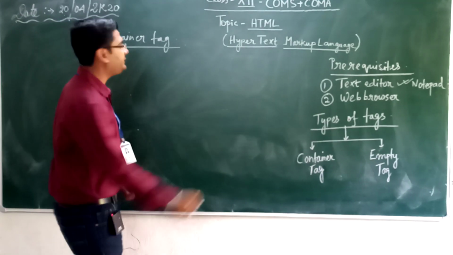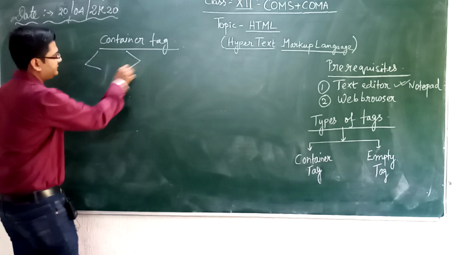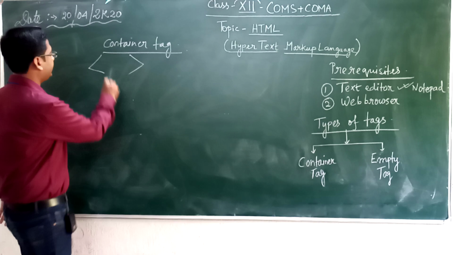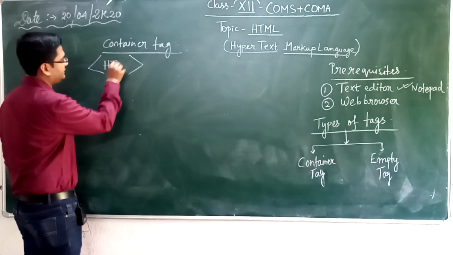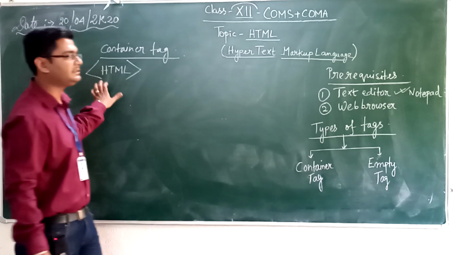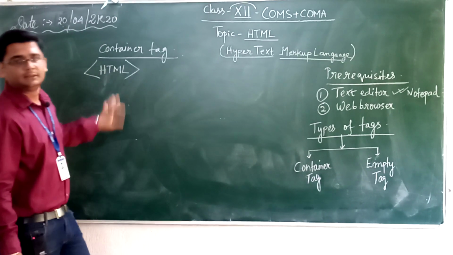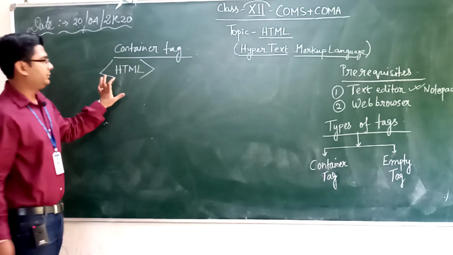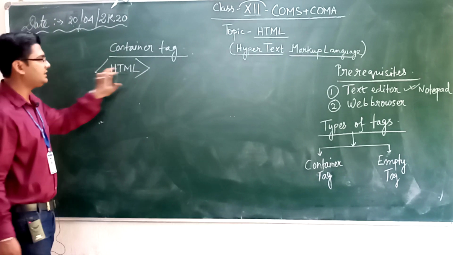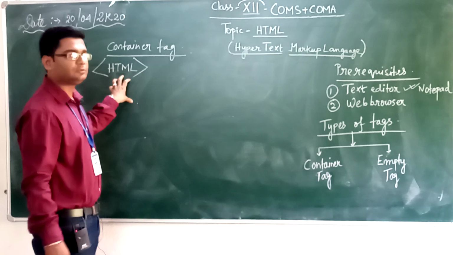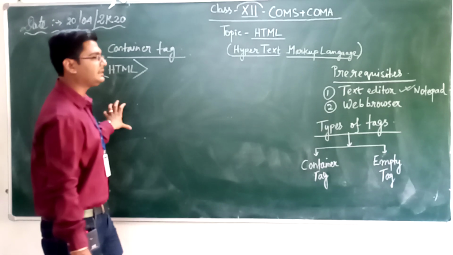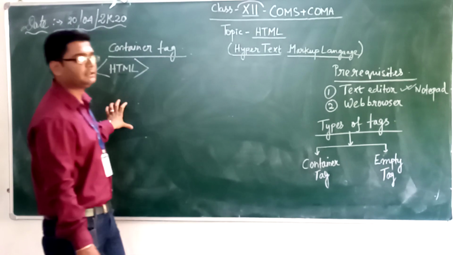First of all, tags are written within angular brackets, the less than and greater than signs. Suppose we are writing a tag as HTML. It is the main tag and the first tag which identifies the document as an HTML document. So when we write HTML within these angular brackets, it is known as a tag. When this tag contains something, it is known as a container tag.